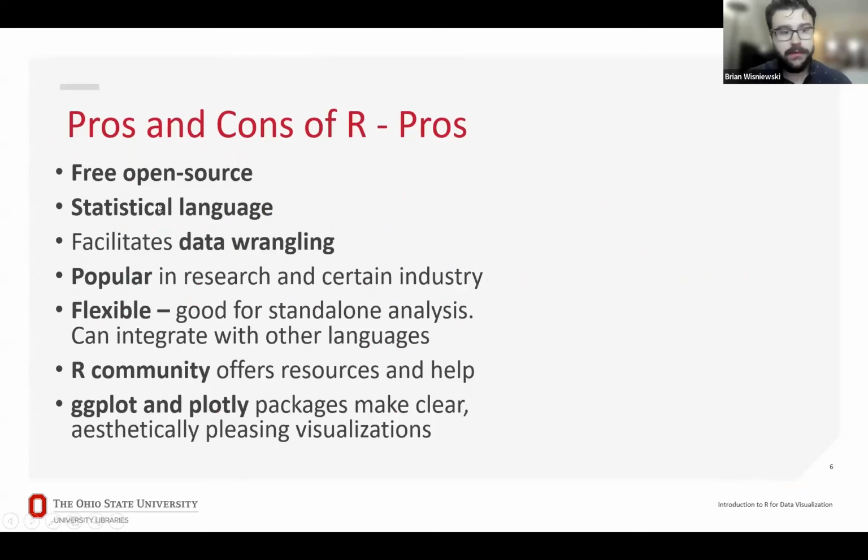Some other pros: it's free and open source, so it's completely free. To actually do things in R, you're going to need to download the language R, but you'll also need an environment to program R. I'll get into this later, but you would need R and something like what's called R Studio to program in R. Both of those are completely free, no strings attached.